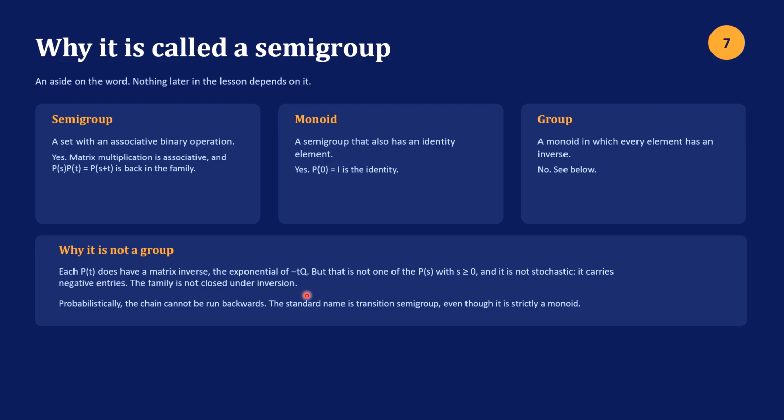So the family is not closed under inverses. Probabilistically, the chain cannot run backwards in terms of these negative inverses. The standard name is transition semigroup, even though it is strictly a monoid, as I mentioned here. Okay, so this is a bit of a side. If you're familiar with abstract algebra, you may appreciate this a little bit more, just trying to identify this with the nomenclature from abstract algebra.